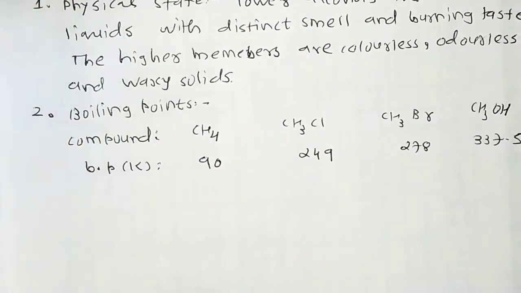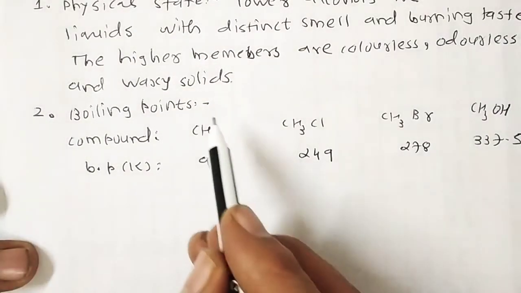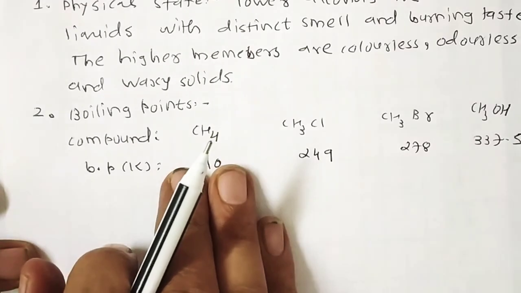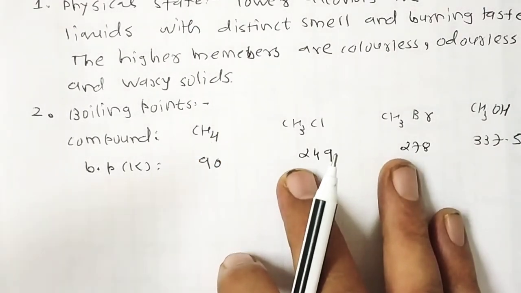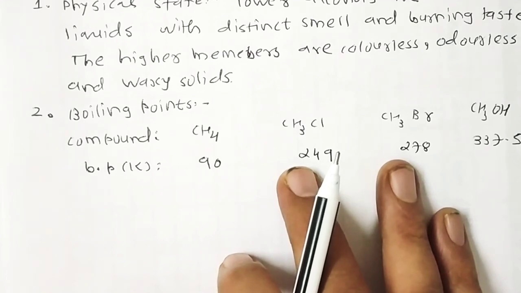This is due to the reason that alcohol contains a hydrogen atom attached to the strongly electronegative oxygen atom. Therefore, alcohol forms an intermolecular hydrogen bond. We know that in the case of methane, only van der Waals forces are observed. In the case of haloalkane, 2 forces are observed, van der Waals as well as dipole attraction.